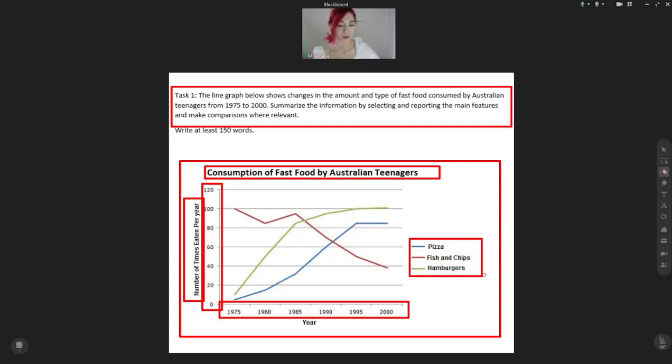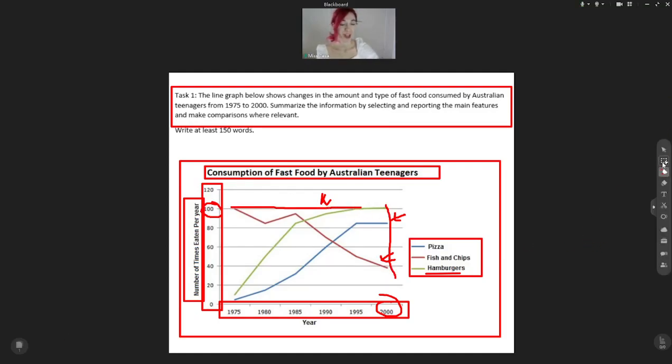And here we have what each of the colors represents. So the blue line is for pizza, the red line is for fish and chips, and the green line is for hamburgers. Now that I understand what each of these means, I know that, for example, in the year 2000, the number of times a teenager would eat a hamburger per year is 100, right? So we can see that from the graph.